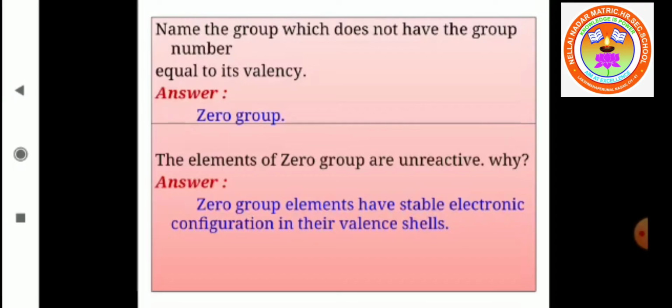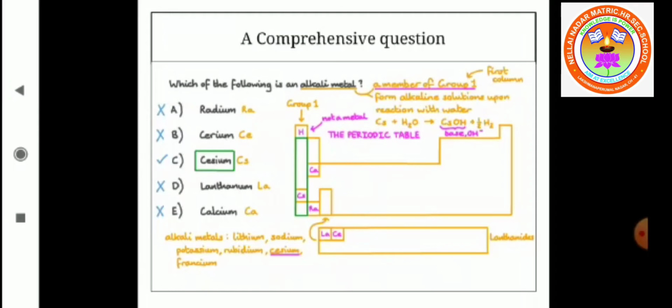Okay children? Now, one simple comprehensive question I have given. Here, look at the question. Which of the following is an alkali metal? Alkali metals belong to which group? First group. Very good. It belongs to alkali metals or first group elements.